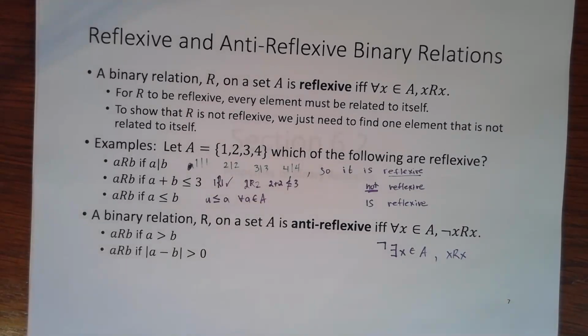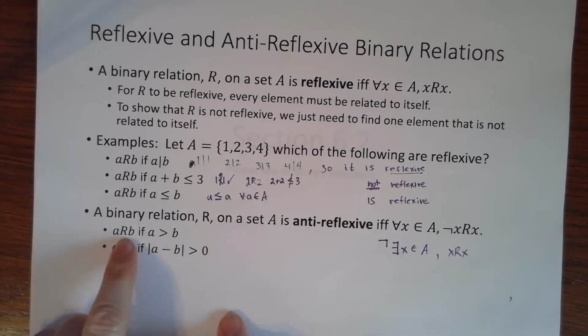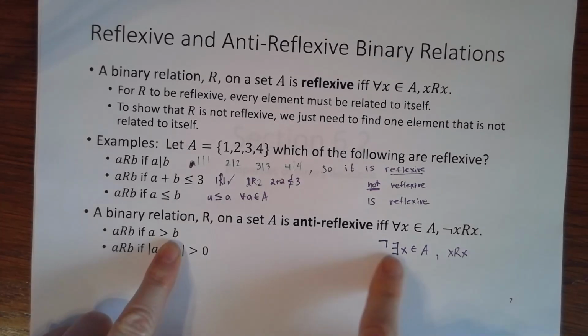All right, so let's look at a couple examples. Let's say A was related to B if A was greater than B. It is true that we are never going to find any element that is going to be greater than itself.